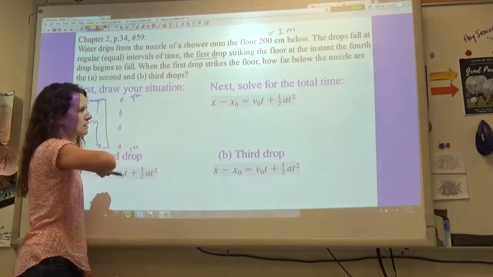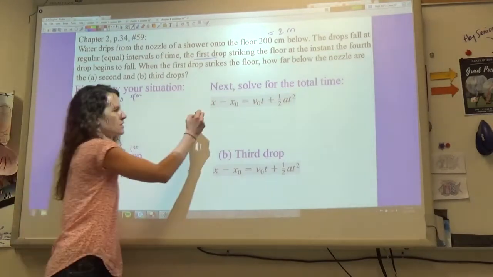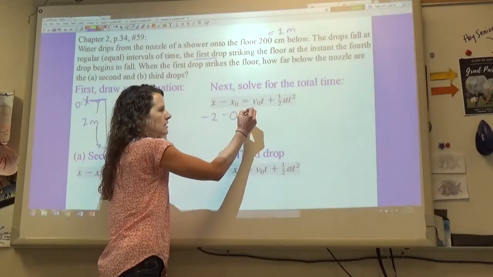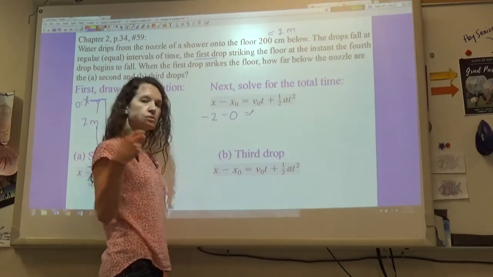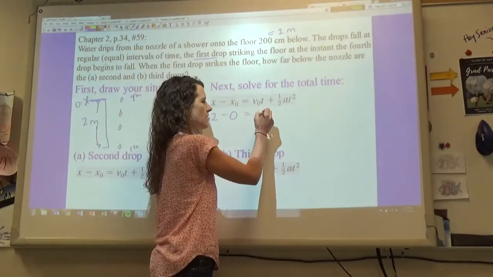So we're solving for our time here. My final x position is going to be -2, because we're 2 meters below where we started, minus 0 equals my initial velocity. Fortunately, we also know that that is going to be equal to 0 because we're dropping it from rest. So that's a 0 initial velocity.